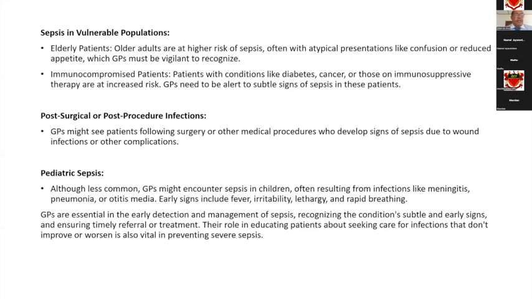And the other type of patients that we see in general practice settings are post-surgical and post-procedure patients. Most of them, as the previous speakers said, even after admission, are asked to follow up with the general practice or their family physician.